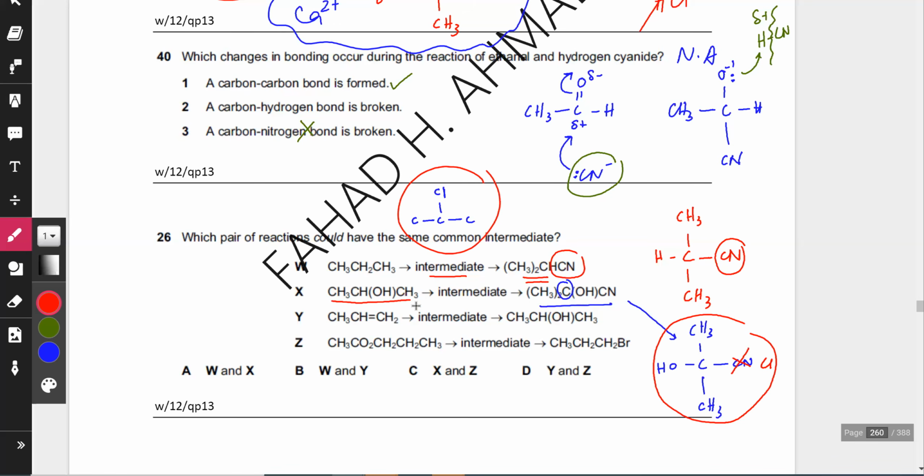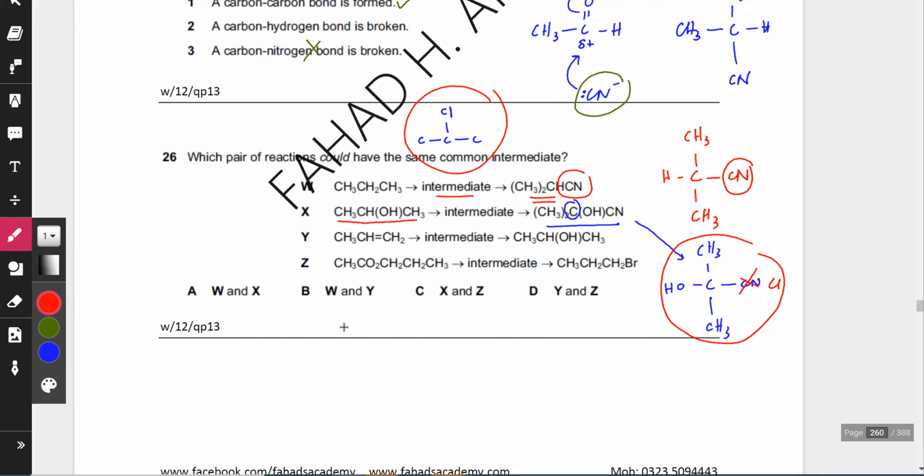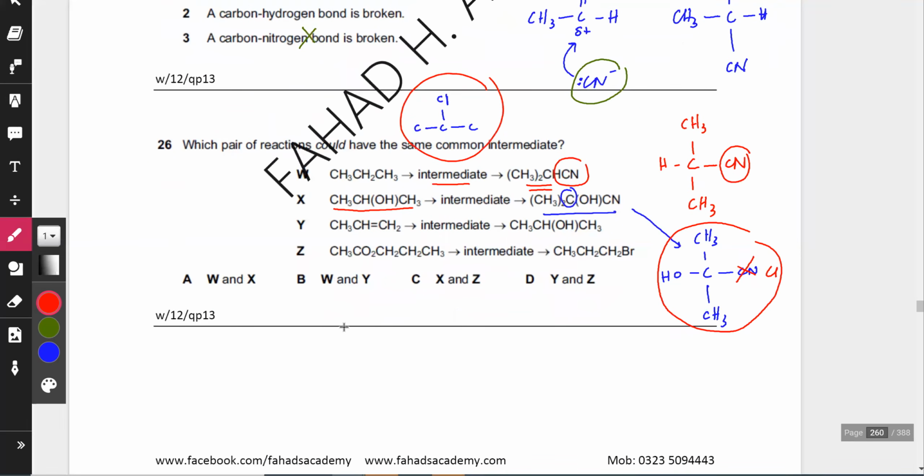Now this one, look at Y. We have an alkene, and we want to convert that into an alcohol. Now there are two ways of doing that. You can directly do that, like a double bond, a water molecule can get added over here. So I'm looking at Y now.